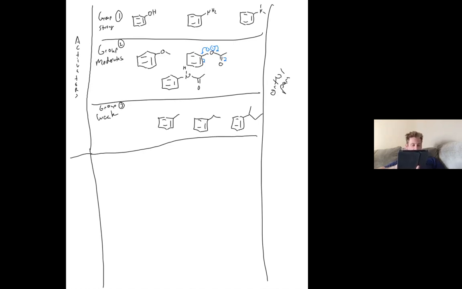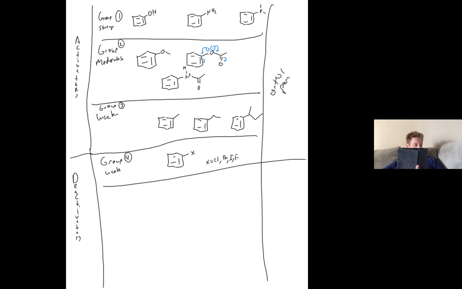This is going to move us into our deactivators. Our group 4 here, which is our weak deactivators, are going to be things like halogens. And this is going to end our ortho-para directors.